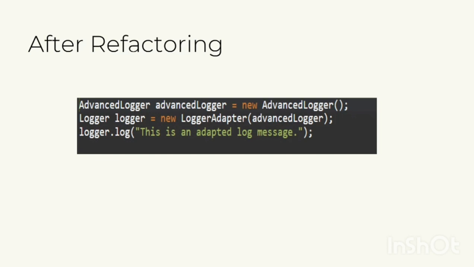Before the refactoring we designed code and it went through the process, and while it goes through the process with the adapter, everything is enhanced and advanced. After the refactoring, everything is finalized and precise with the advanced logger. You can see that it's a new advanced logger, and in this final output you can see an adapted log message, which is very advanced.